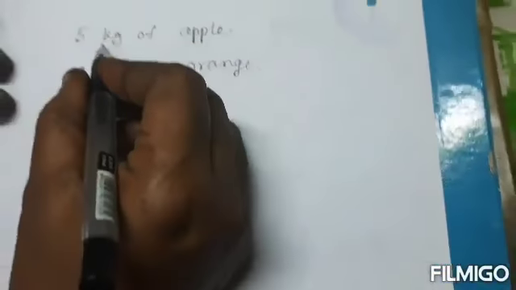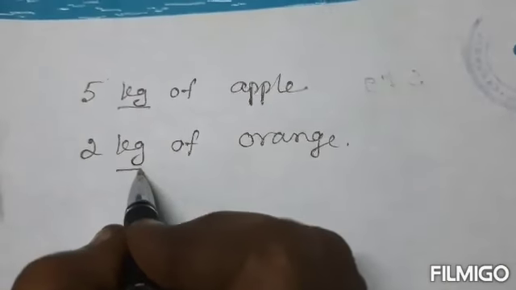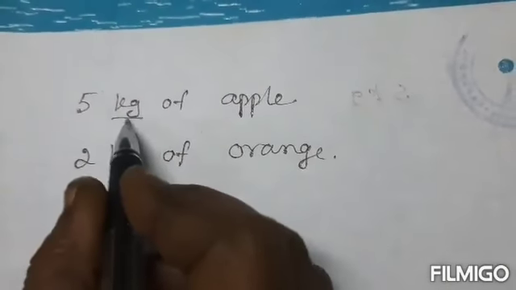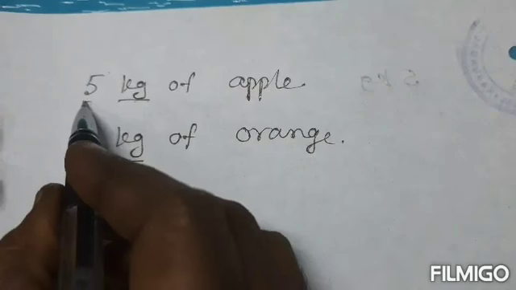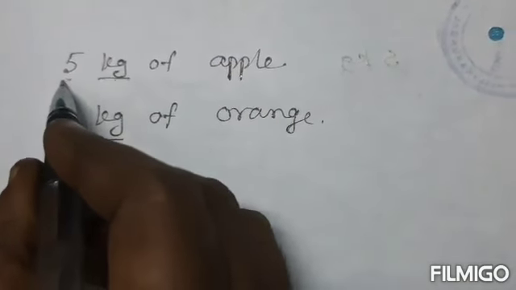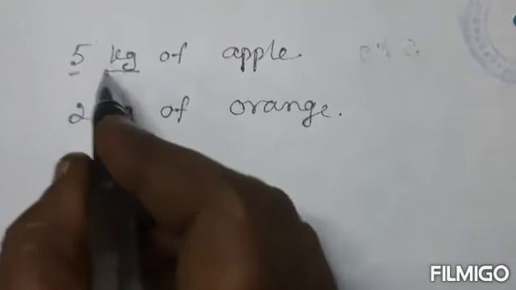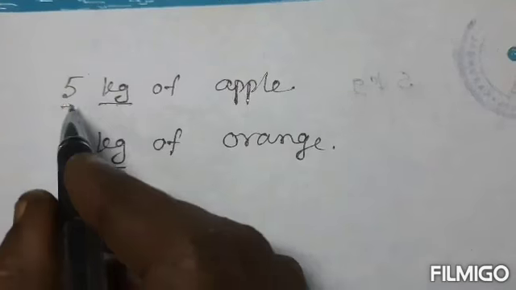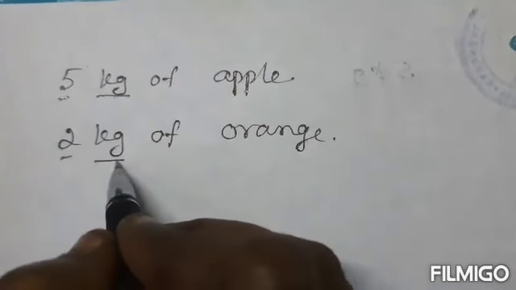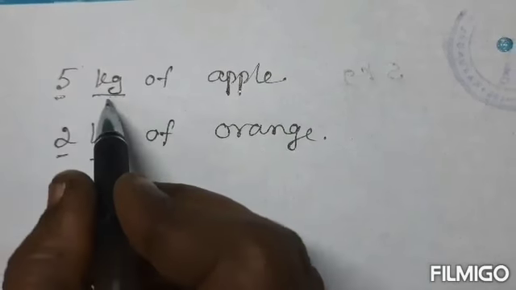Look at this. The unit is kilogram. Near the unit, a number is assigned. Now, according to our wish, we can buy. So measurement is assigning a number. Okay, students? Here 5 kilograms, here 2 kilograms. So near the unit, we are assigning a number.